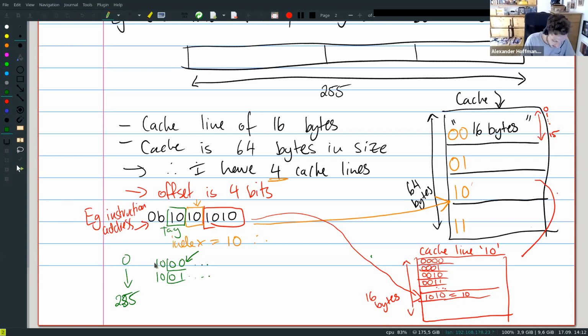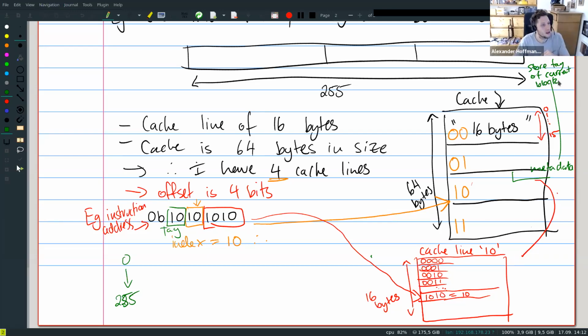So per cache line, there's only ever going to be one memory address with this one tag. So we can use this tag to see: is the block in here currently the one I want? So we have this metadata here, and this stores the tag of the current block.